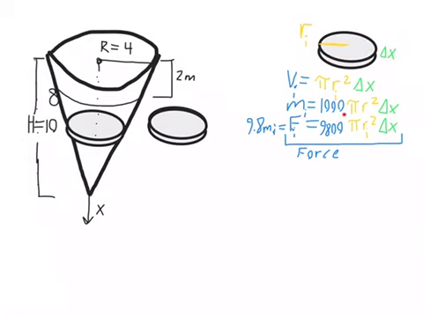So that would be 1,000 kilograms per cubic meter, and so 1,000 pi r squared delta x. So radius is in meters, meters squared, delta x is in meters, so that's meters cubed. And so the mass is 1,000 pi r squared delta x kilograms.